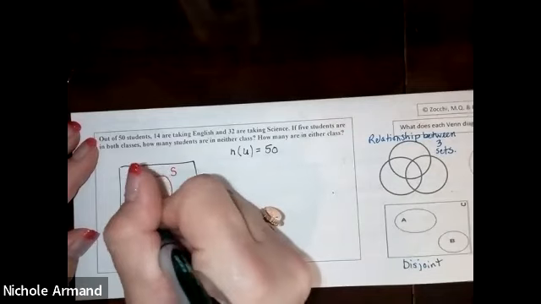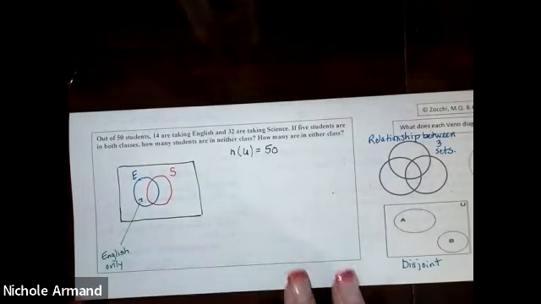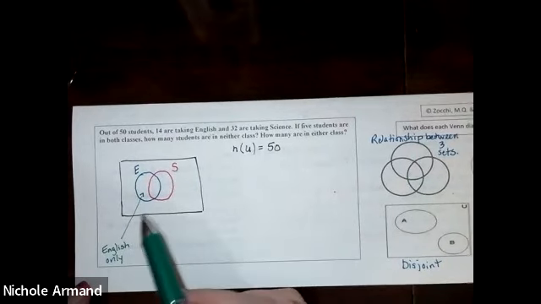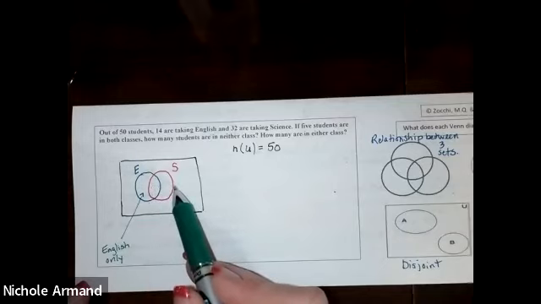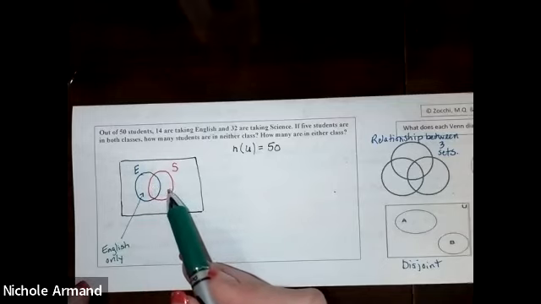So this part right here, that's going to represent English only, right? Because it's inside the blue circle, but not inside the red circle that represents science.